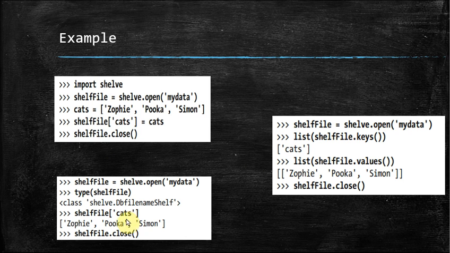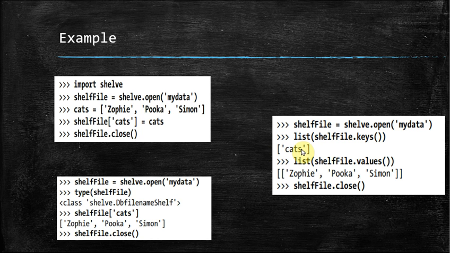To retrieve that data, that is the second example that is given to you. You have given shelf file cats. For shelf file cats, you have assigned the value of this particular list, so whatever value you have given for the list is displayed. In the third example, you can display it in the form of a list.